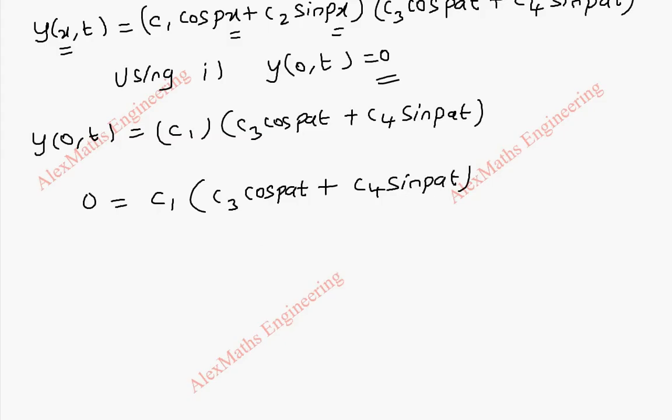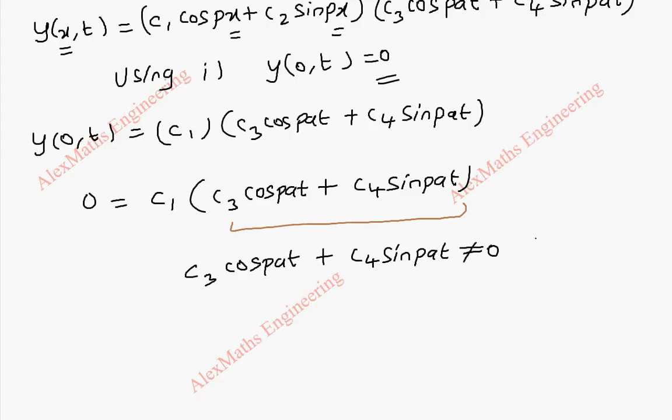And this entire term is not 0 because it is defined for all the values of t. c3 cos pat plus c4 sin pat is not equal to 0 as it is defined for all t. Therefore, the only option is c1 must be 0. So we found the constant c1 as 0.